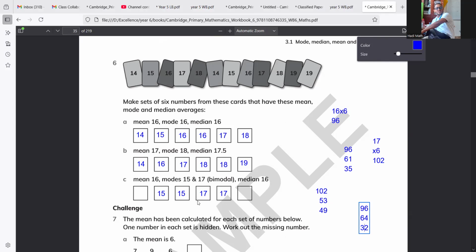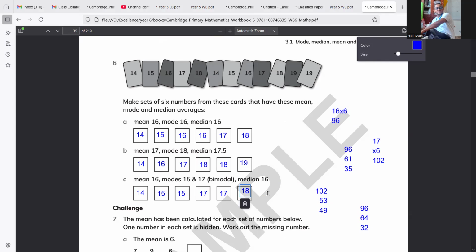One of them is less than 15, and another one is bigger than 17. Less than 15, I have only 14. So 14. Now 14 needs what to be 32? 14 needs 18. So this number here is going to be 18.